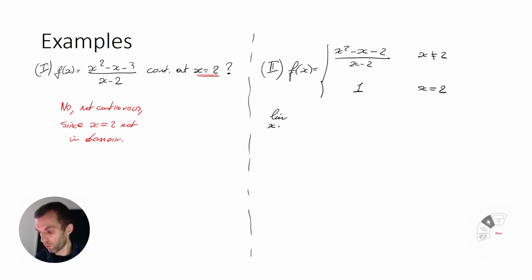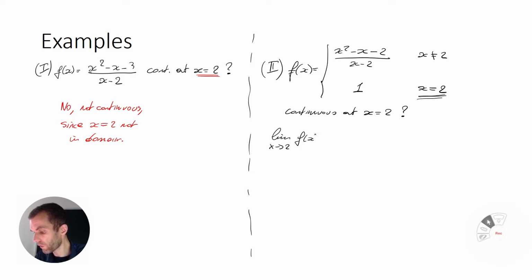And so here we ask ourselves again, is it continuous at x is equal to 2? So now it's part of the domain, we have to calculate, so we calculate the limit of f of x. That's the limit of x squared minus x minus 2 divided by x minus 2.